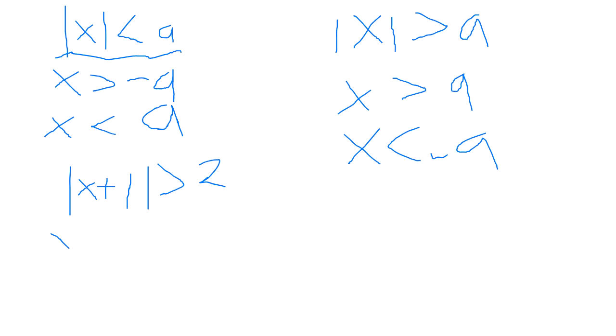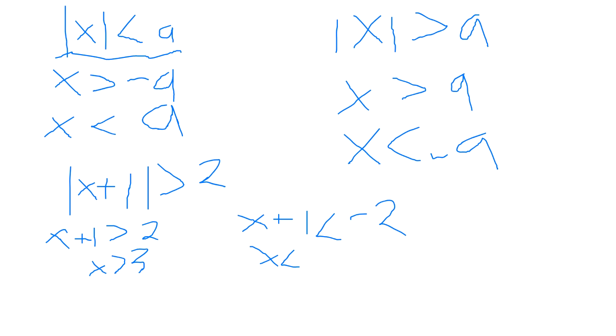You are going to have x plus 1 greater than 2 and x plus 1 less than minus 2. When it's a minus, the sign will change. So x will be greater than 3 and x will be less than minus 3. So on our graph, it will be like this.